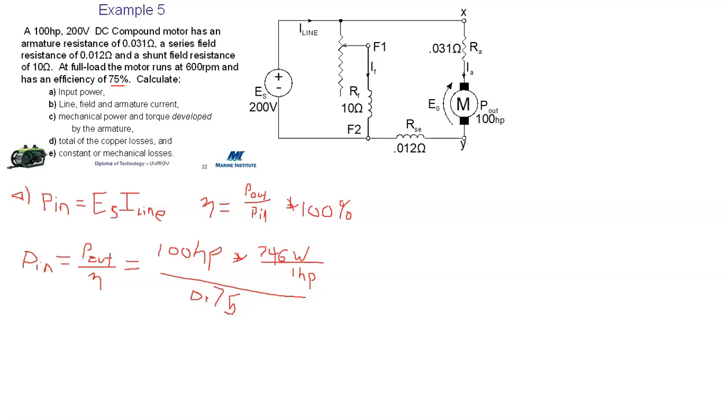Horsepower cancels with horsepower, and the unit that we're left with is watts, and that's very important. So that becomes 7,460 watts divided by 0.75.